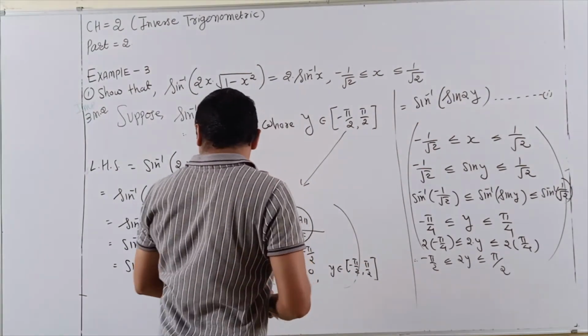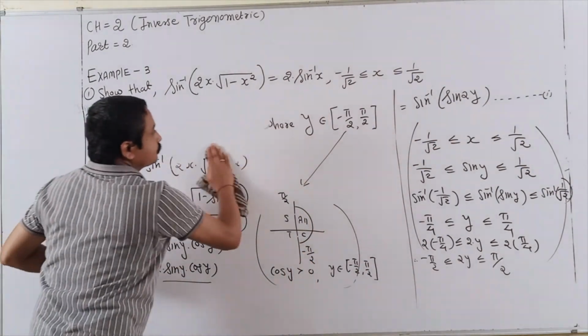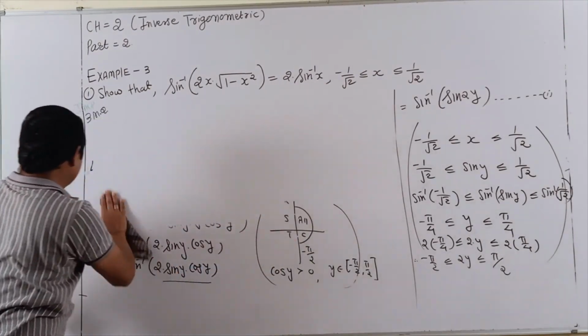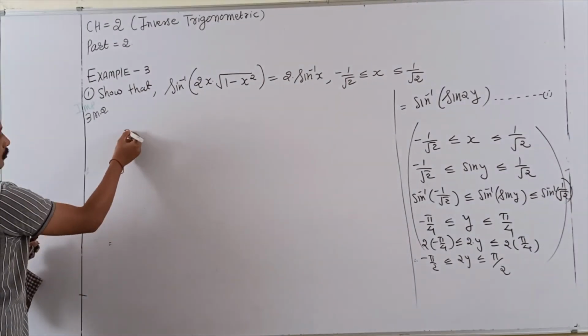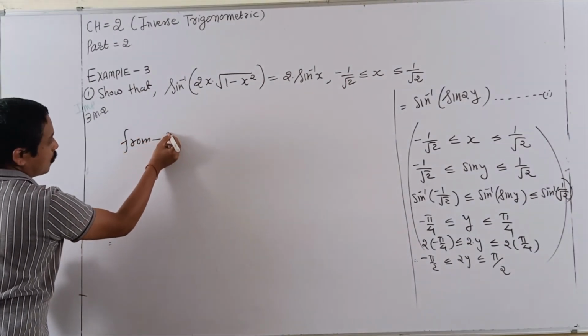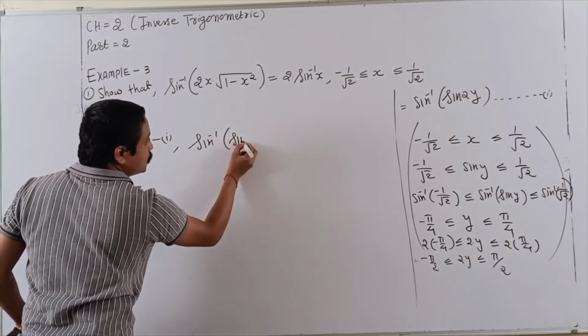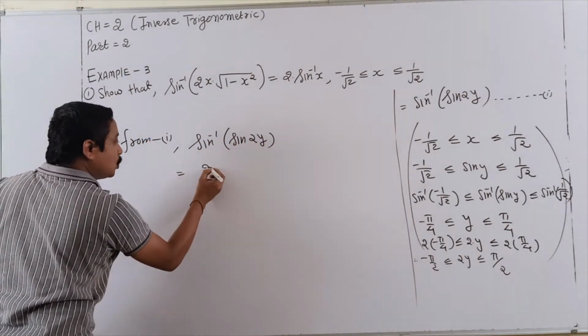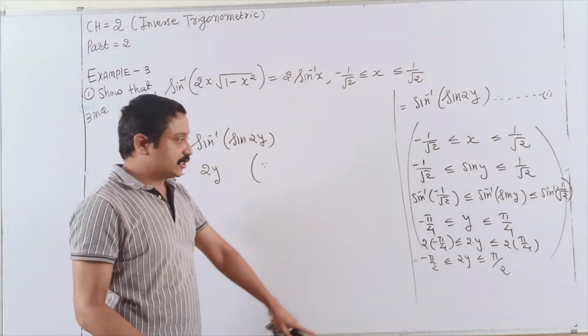That's why, students, we are showing from equation 1, continue here. What is from 1? It is sine inverse sin 2y. I just show up here 2y because this range is mentioned.